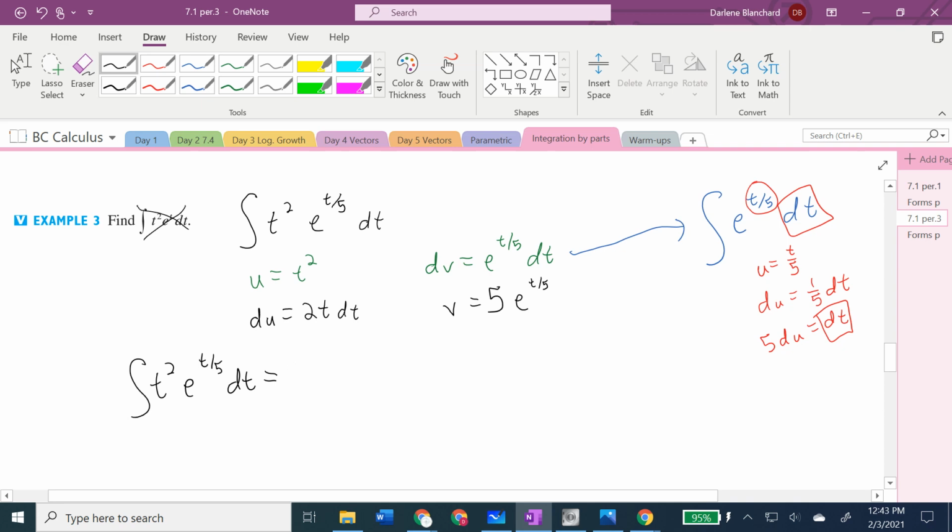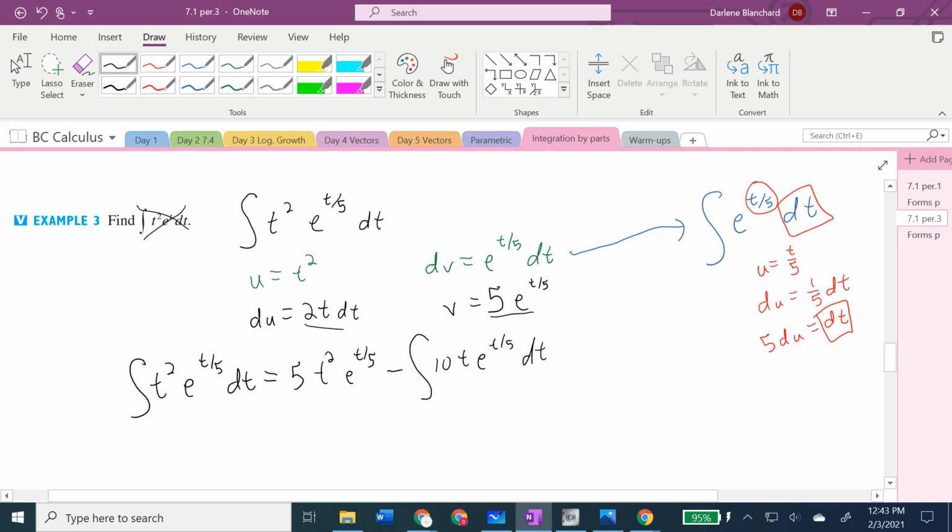So the integral is u times v. So that means I'm going to have 5 times e to the t over 5 times the t squared minus the integral of v du. Multiplying these two together, I am getting 10t times e to the t over 5 dt.